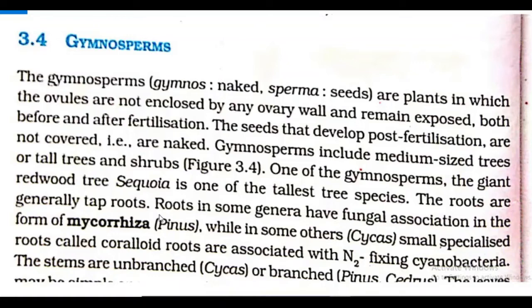Yes, that is an example of adventitious root, and it has a name. Good, that is prop root. It supports the heavy branches, otherwise they may break. These roots hang down and become pillars supporting the branches.